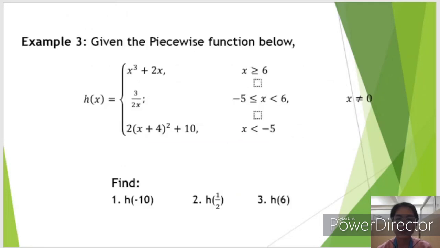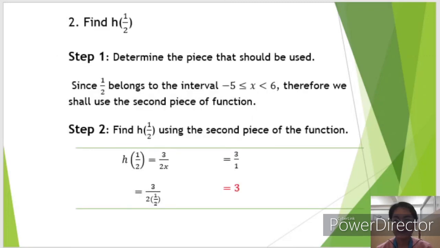So, our second piece of function is 3 over 2x. So, we have h of 1/2 is equal to 3 over 2x. So, substitute 1/2 to the variable x, we have 3 over 2 times 1/2. And then 2 times 1/2 is equal to 1. So, we have 3 over 1 or positive 3.